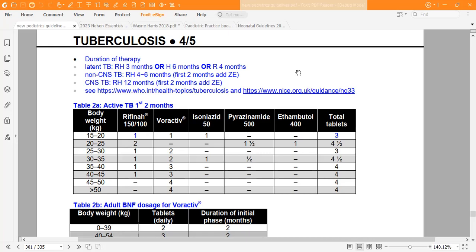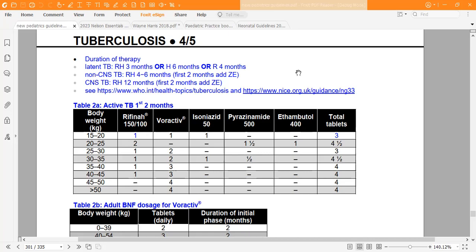He doesn't have any TB in his CNS. So rifampicin isoniazid 4 to 6 months. During this period of time, he has to take in the first 2 months pyrazinamide and ethambutol. Okay, if he has CNS symptoms or CNS TB, he will take rifampicin isoniazid up to 12 months.